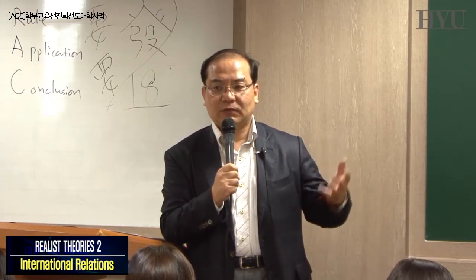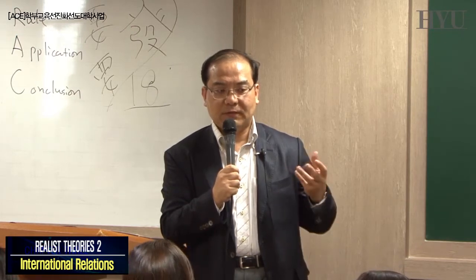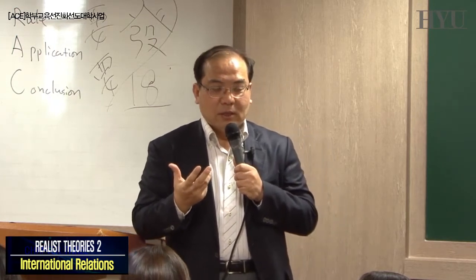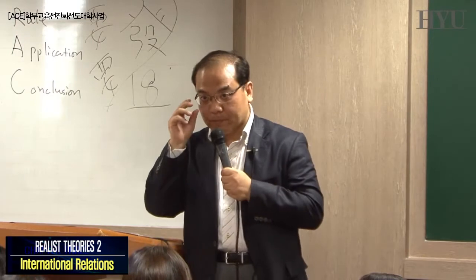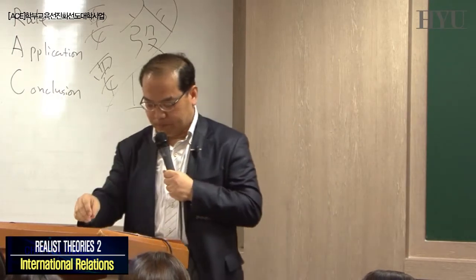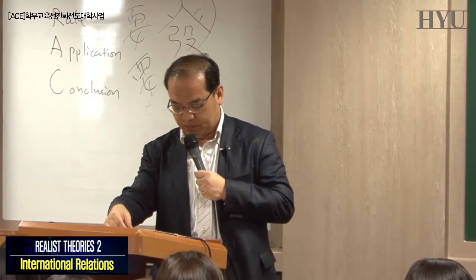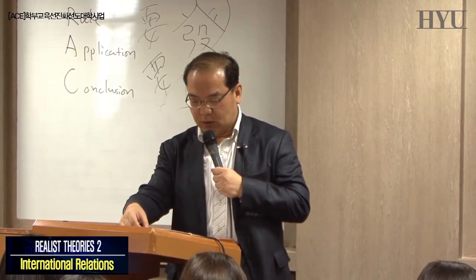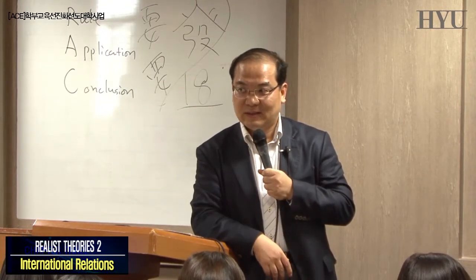They can predict the future based on power distribution. Much more scientific, but in terms of scope, a little bit narrower than classical realism. And according to this book, recently neoclassical realists have also emerged.